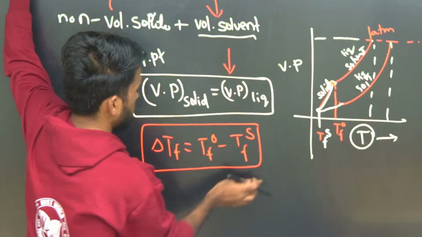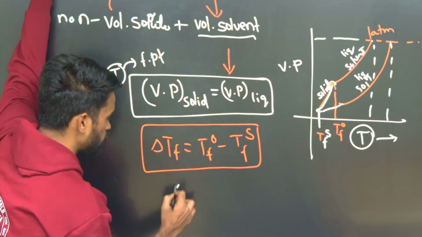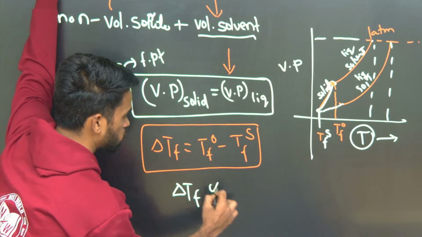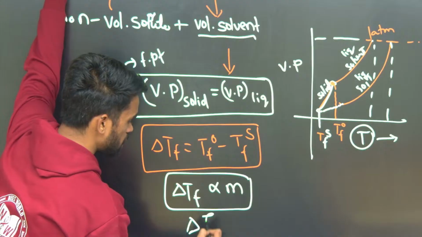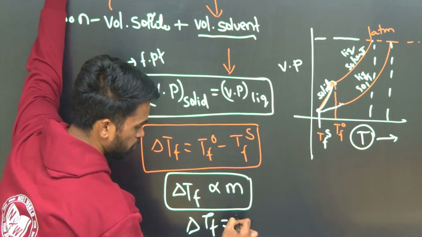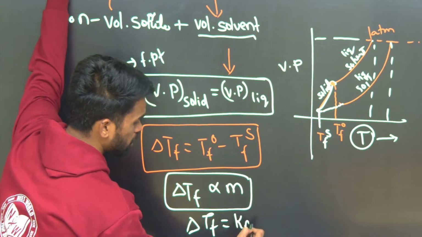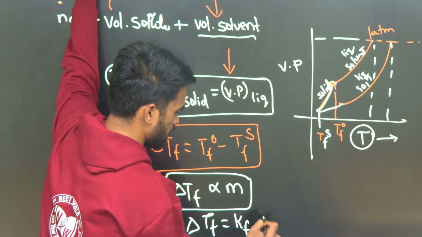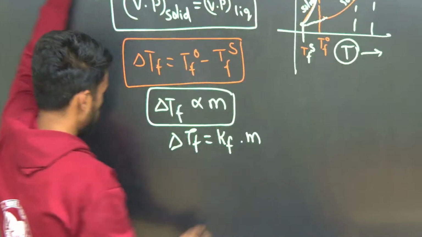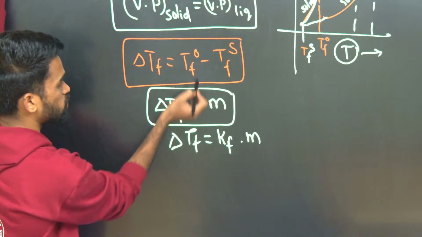Next, here also the depression in freezing point is directly proportional to its molal concentration. I can replace the proportionality with a symbol Kf, the molal depression constant or cryoscopic constant. So ΔTf means I can use this formula and this formula.